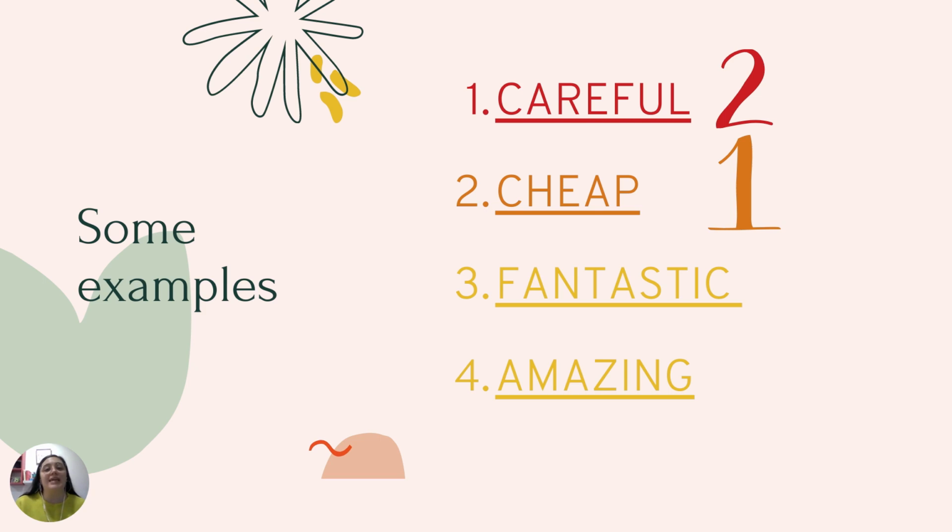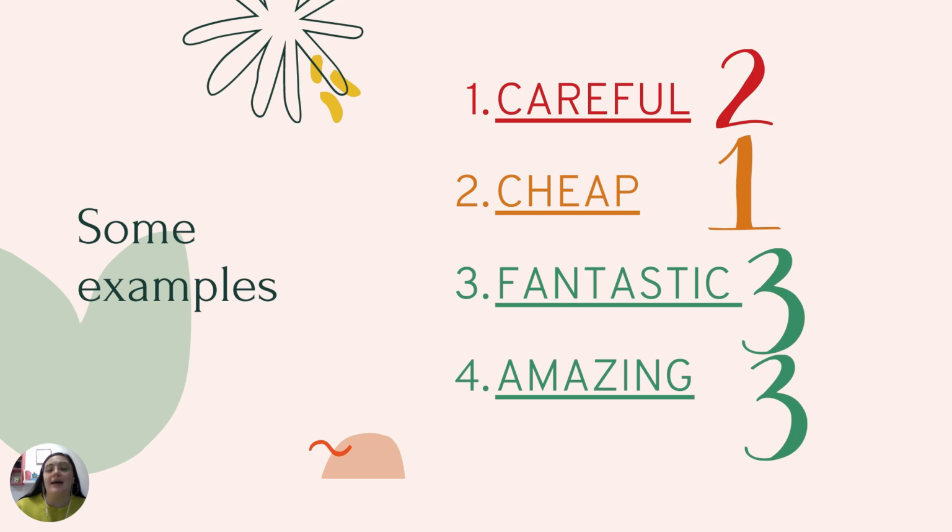Then we have fantastic. Fantastic has three syllables. Very good. And then we have amazing. Amazing as well has three syllables. With that being said, you have to keep that in mind in order to make the comparative sentences correctly.